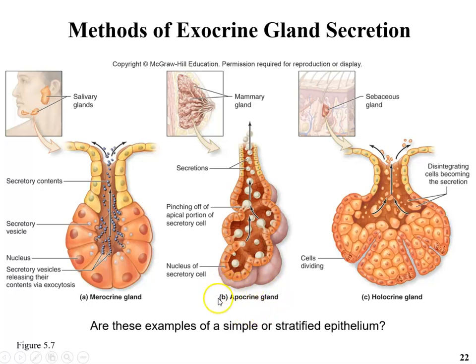This is opposed to an apocrine gland, which you can see here. The apical portion of the cells is pinching off, and that whole piece becomes the secretion of the gland. And then holocrine glands, where the actual cells themselves disintegrate and become the product.